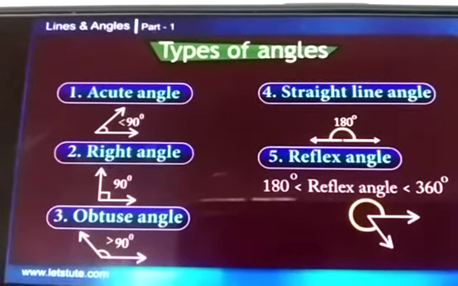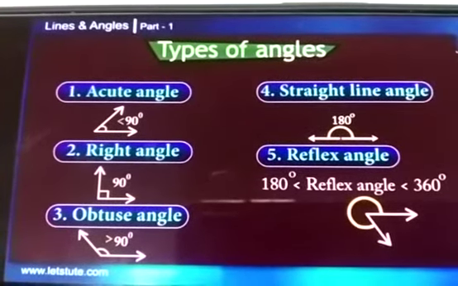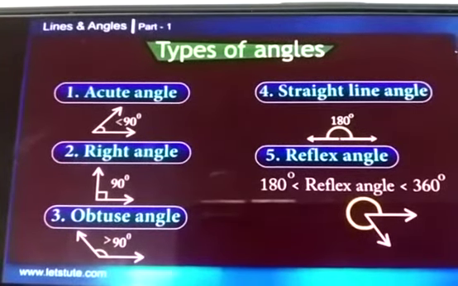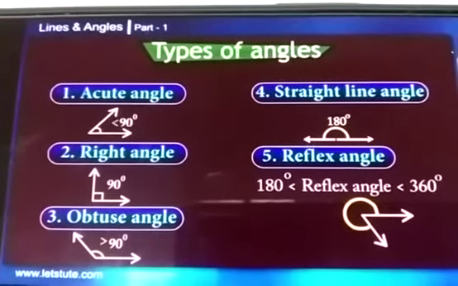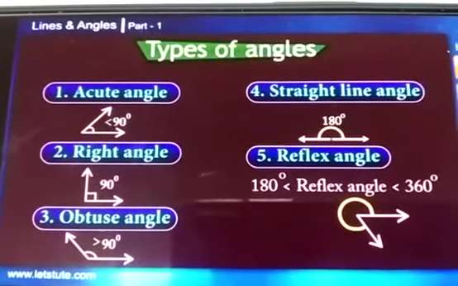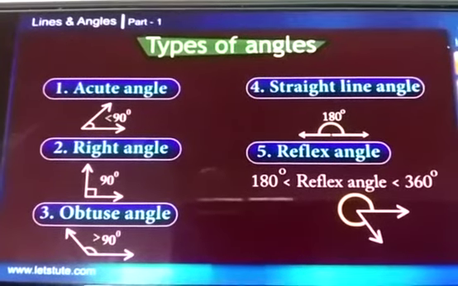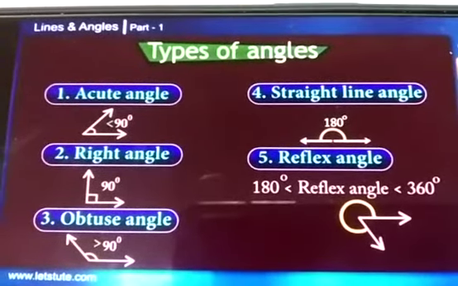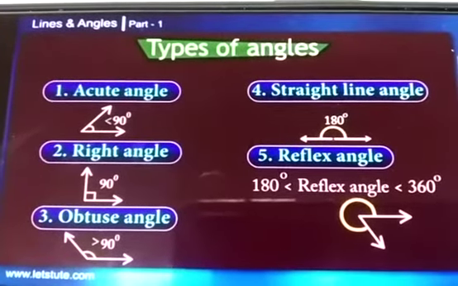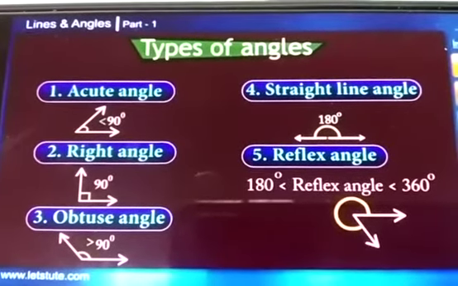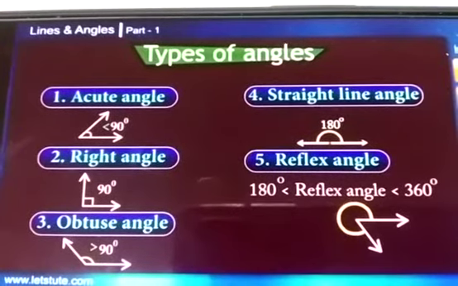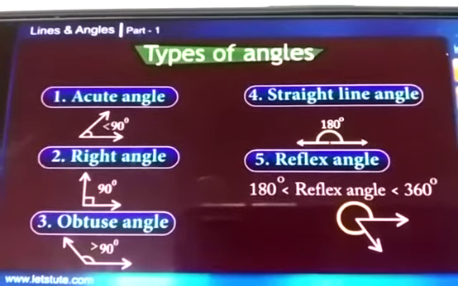Then the third one is the obtuse angle: more than 90 degree and less than 180 degree. The fourth one is the straight angle, that is 180 degree. More than 180 and less than 360 is known as a reflex angle. All these angles you have already learned.